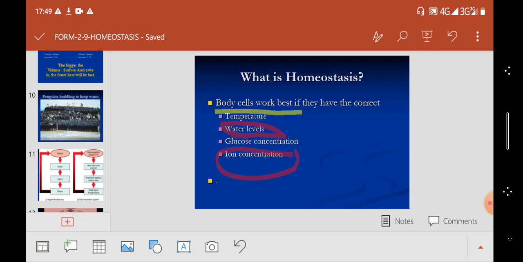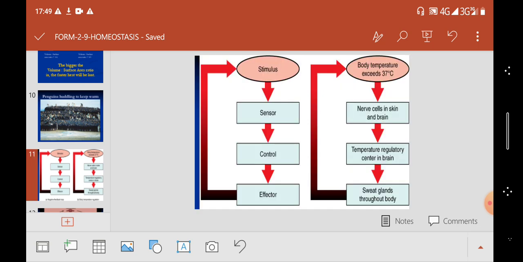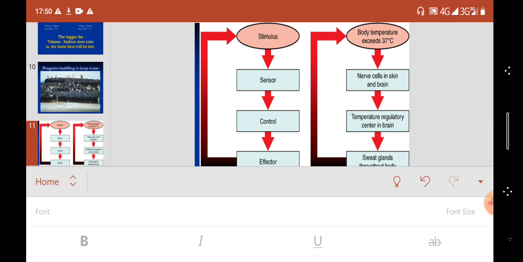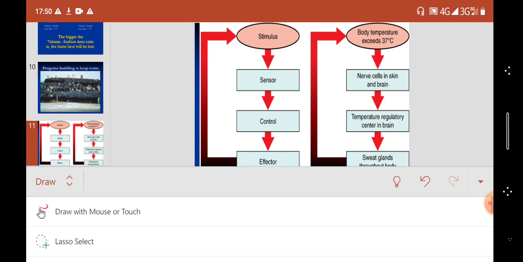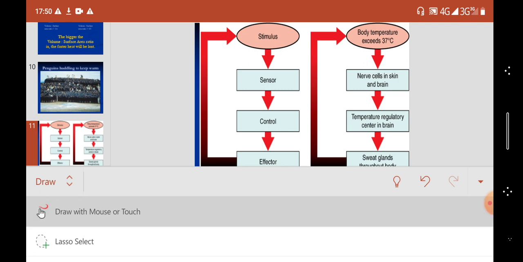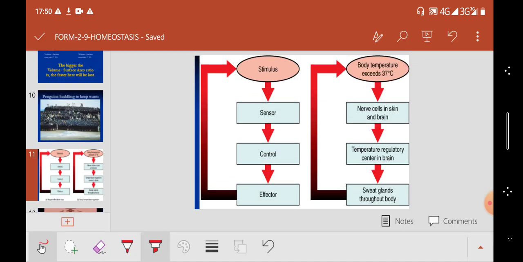So to our first factor, temperature. And in temperature, we have said that the temperature of a normal human being will always be around 37, mostly 36.9.